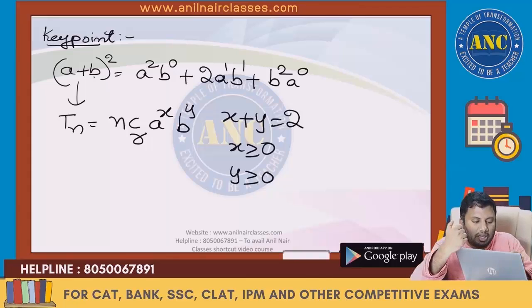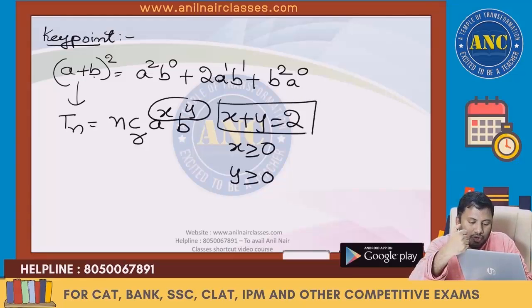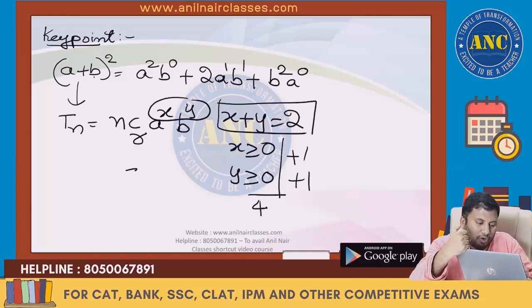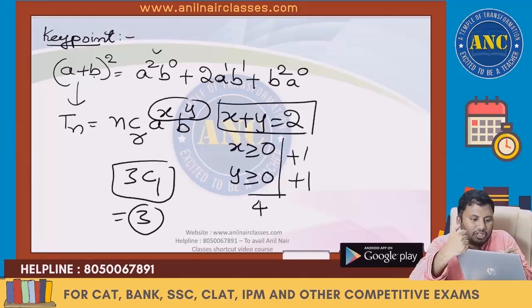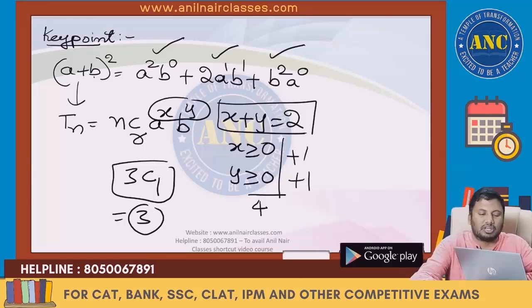Am I right? The sum of these powers should equal the power. Sum can also take 2. x plus y equals 2: 0 plus 2, 1 plus 1, 2 plus 0. 4 is 3c1, which is 3, which is 3 distinct terms.